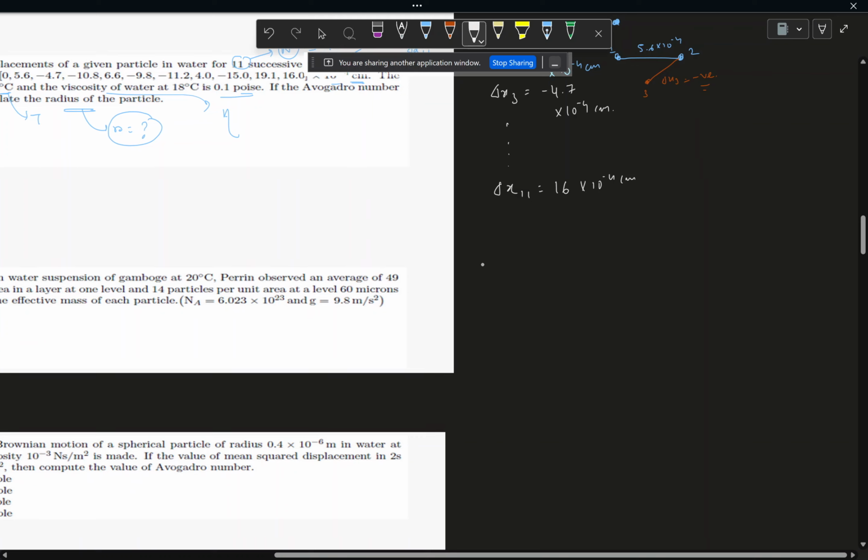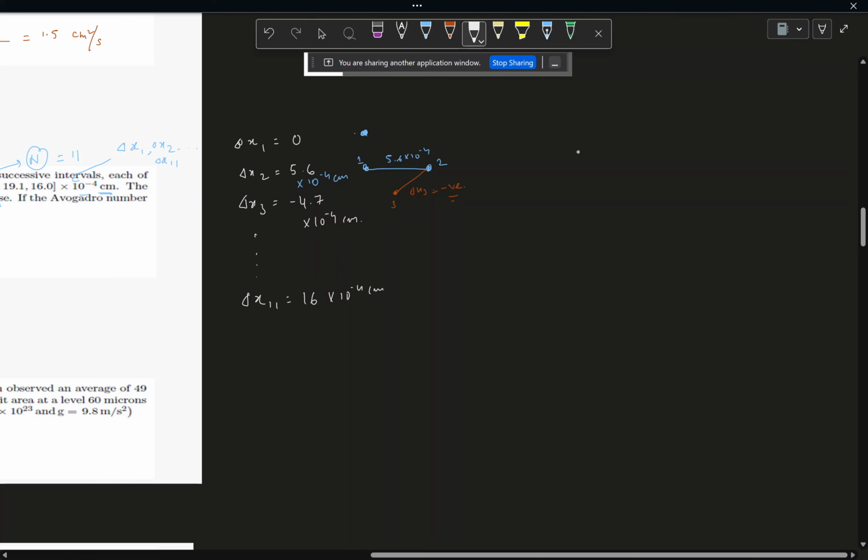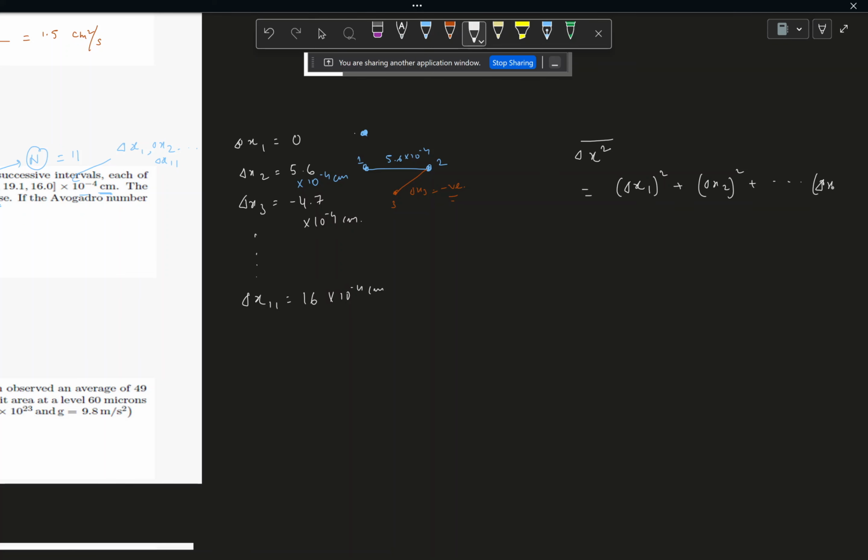Now how to calculate the mean square deviation here? I have already shown you the formula for that. Mean square deviation is basically all of the different deviation data taken statistically, like delta x1 squared, then delta x2 squared, and similarly you take a square for all of the data, and then you divide to average it out by the total number of data, that is 11 in this case.